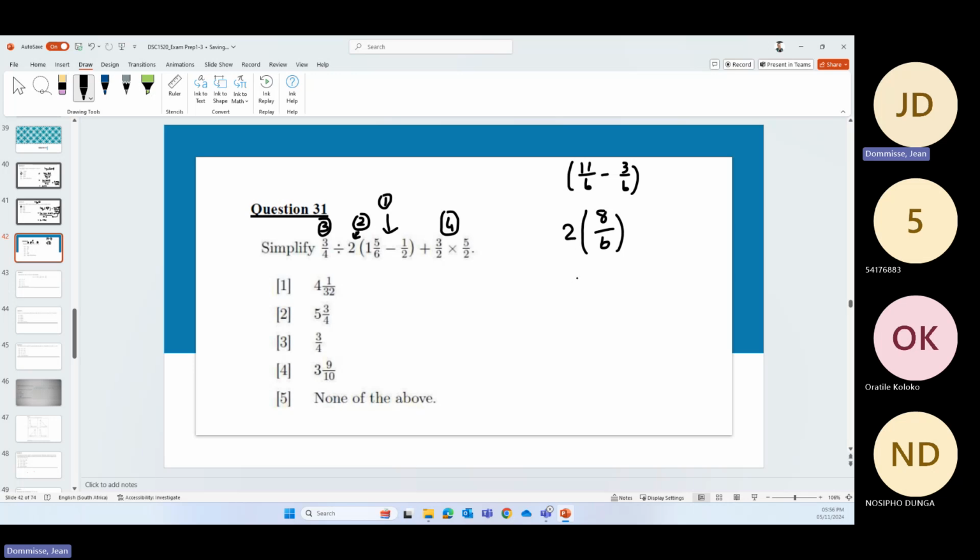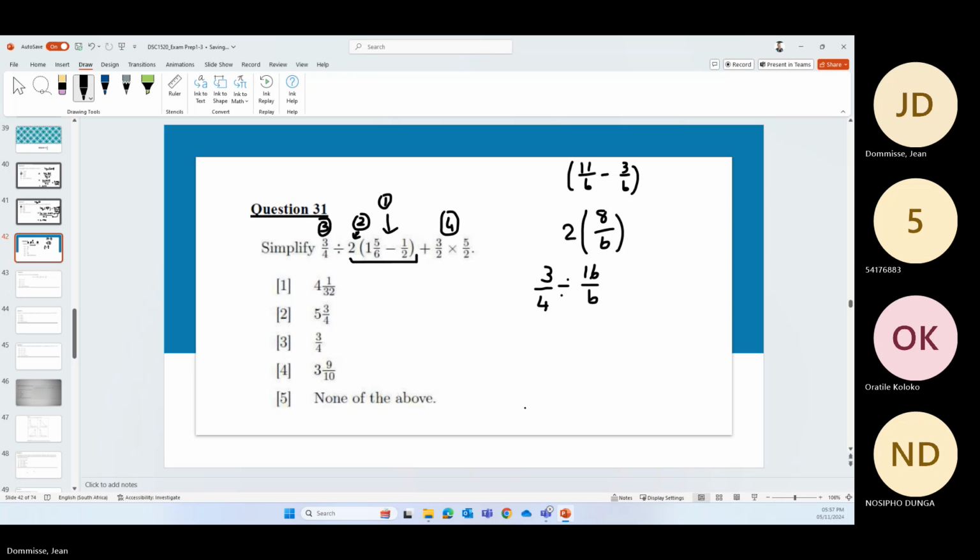Okay, we need to multiply that by 2. So 2 times 8 is then 16/6. Okay, so we've now sorted out that component, but now we need to say, okay, 3/4 divided by 16/6.